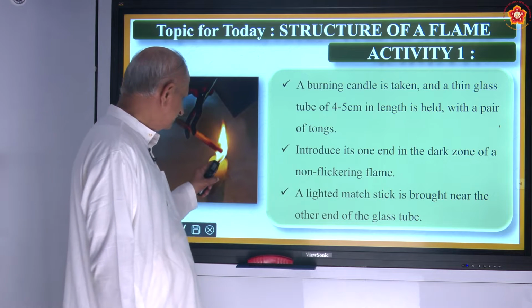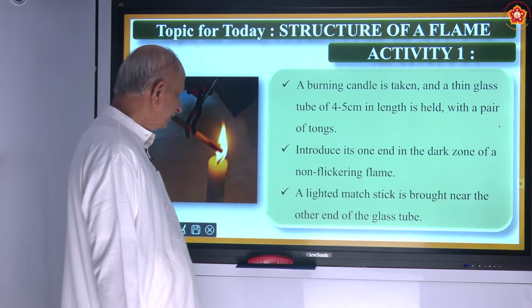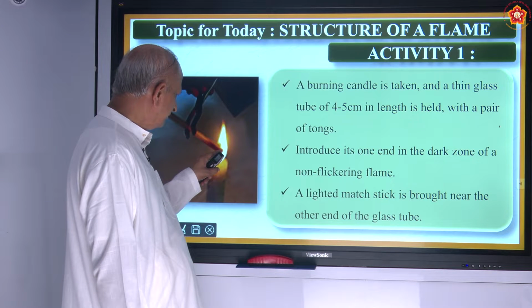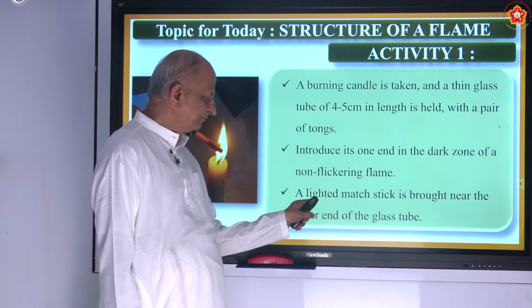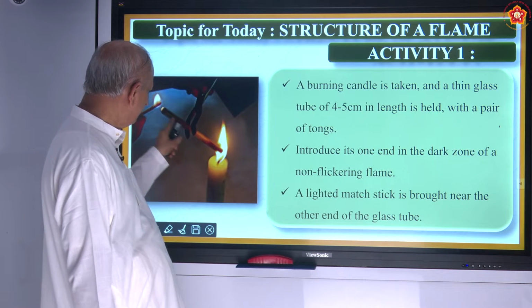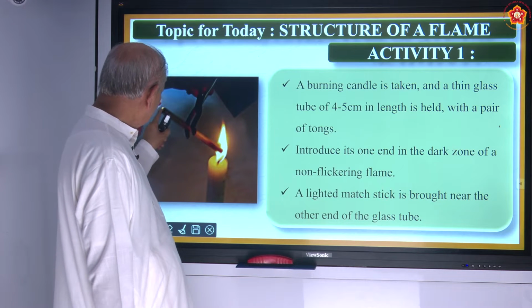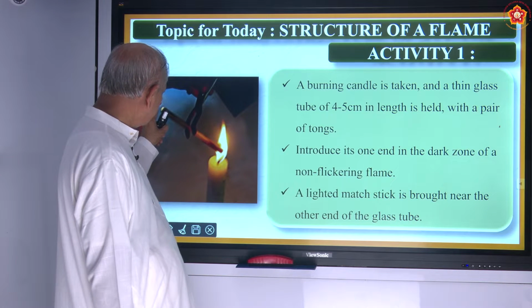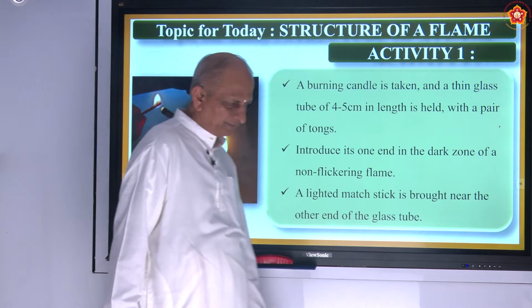So here the candle should be non-flickering, and there is a dark zone here, you must bring it near the dark zone. A lighted matchstick is brought near the other end of the glass tube. So here is a glass tube, one end is connected to a burning candle, and if you bring a burning matchstick to the other end, it catches fire. Can you see it?